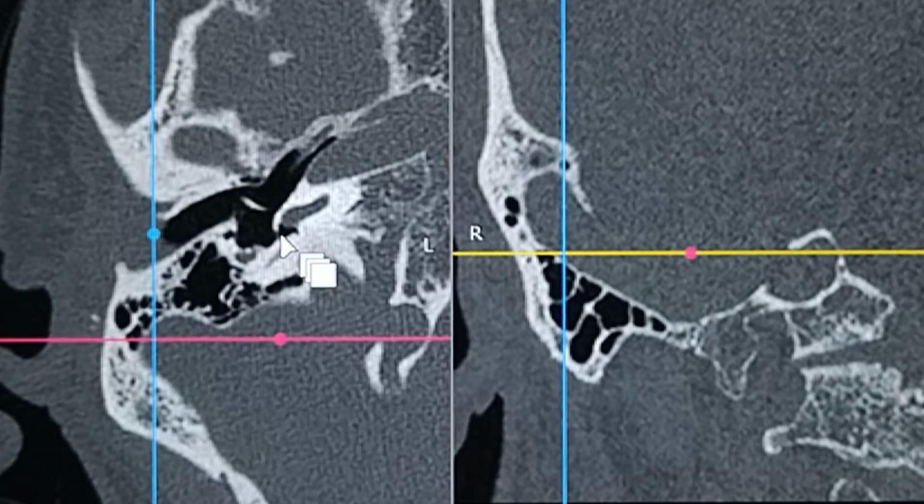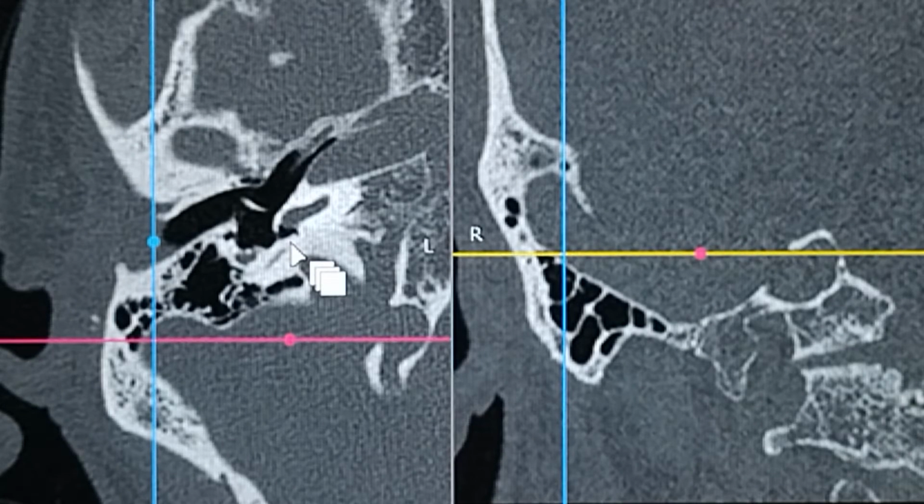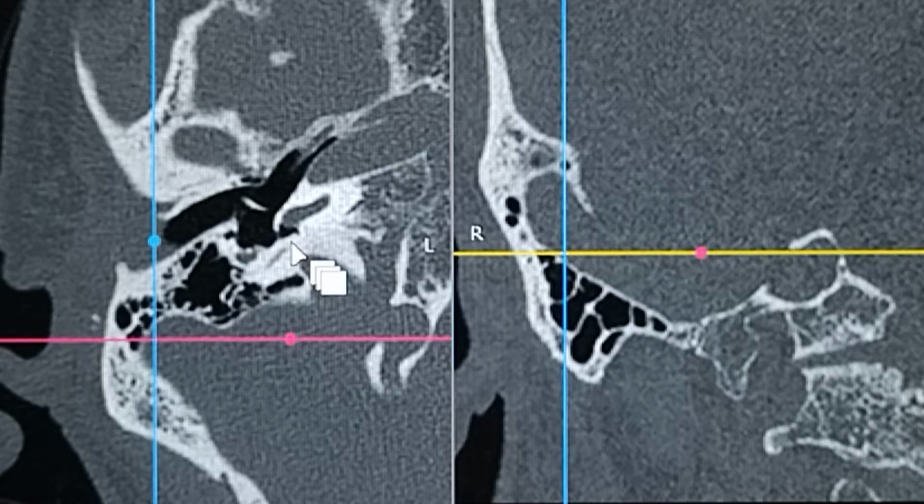So what is basically happening inside is that when you tap on the malleus, the physical vibrations move onto the incudomalleolar joint, onto the incus, and from the incus to the stapes, and from the stapes to the stapes footplate. Now we all know that the stapes footplate corresponds to the oval window through a thin membrane, right? And there is perilymph inside.